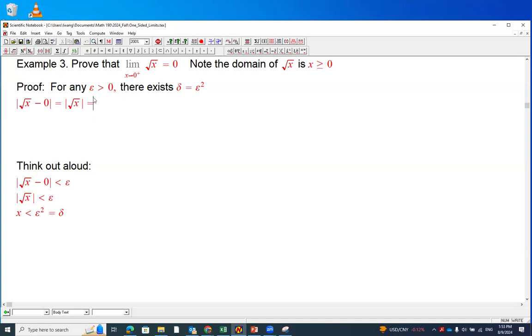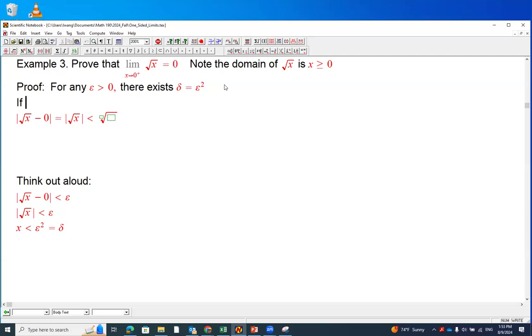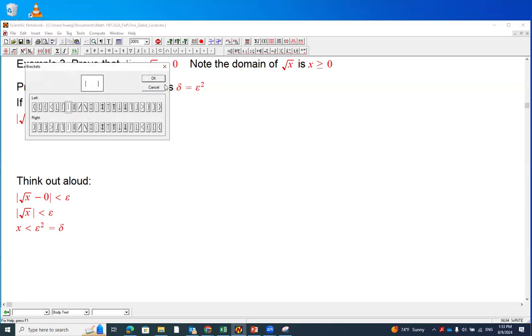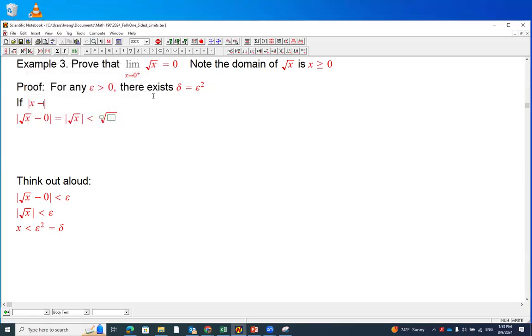So that's going to be less than the square root of delta. Because we got our delta, we're going to have the absolute value of x minus 0, approaching 0, less than delta.